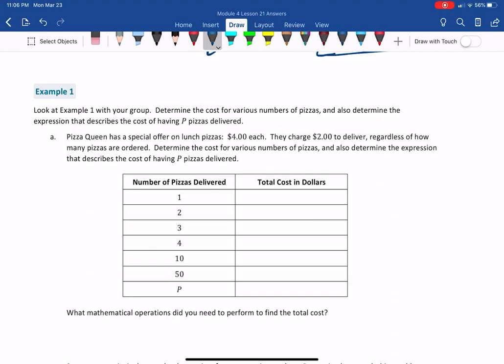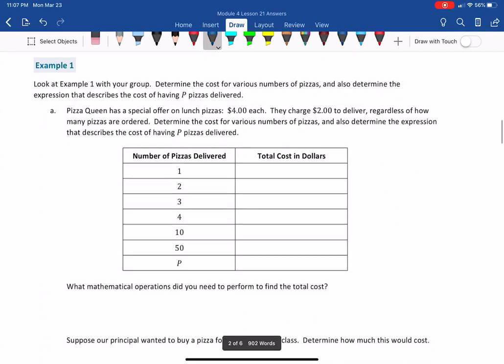So Pizza Queen has a special offer on lunch pizzas, so they're only $4 each. But then you have a $2 delivery charge regardless of how many pizzas you order. So I want to determine the cost for the various number of pizzas and then determine the equation to figure it out for all types of orders if I'm ordering a certain number of pizzas.